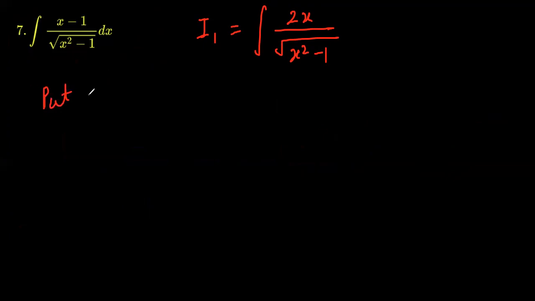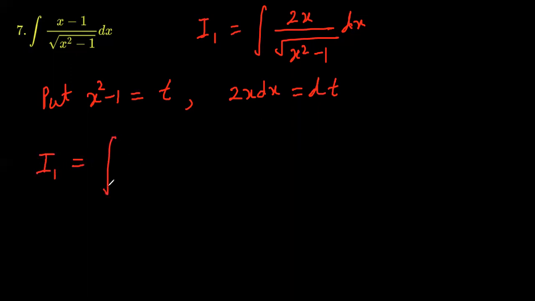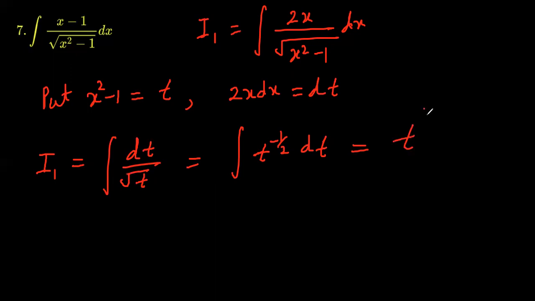Here, if we put x squared minus 1 equal to t, that will give 2x dx equal to dt. So 2x dx is dt. That means your I1 is going to look like the integral of dt over square root of t. Well, this is the same as the integral of t to the power negative half dt, which is t to the power half divided by half, since negative half plus 1 is half.